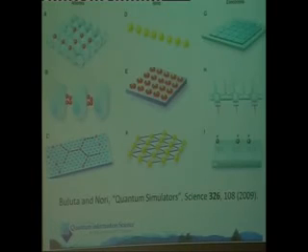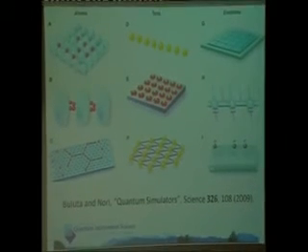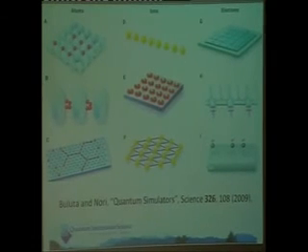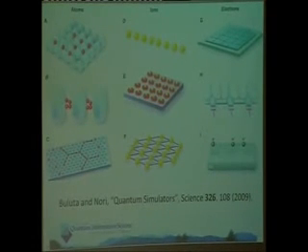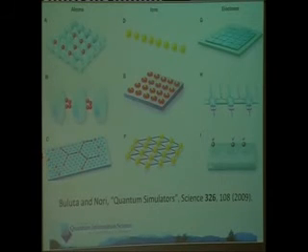Here, by the way, is what Buluta and Nori suggest as the promising technologies for quantum simulation. That was 4 years ago. Time has moved on. But just to show you what they had in mind: the optical lattice, cavity QED, and QED, quantum electrodynamics, using photonic crystals.